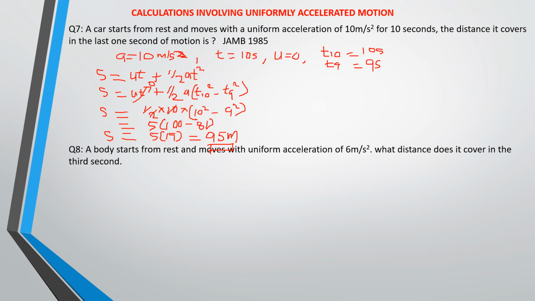Okay, so just similarly to the way we saw the first one, in this one you are given acceleration a equals 6 meters per second squared, right? And your initial velocity is not given to you, but since the body started from rest, initial velocity equals 0.